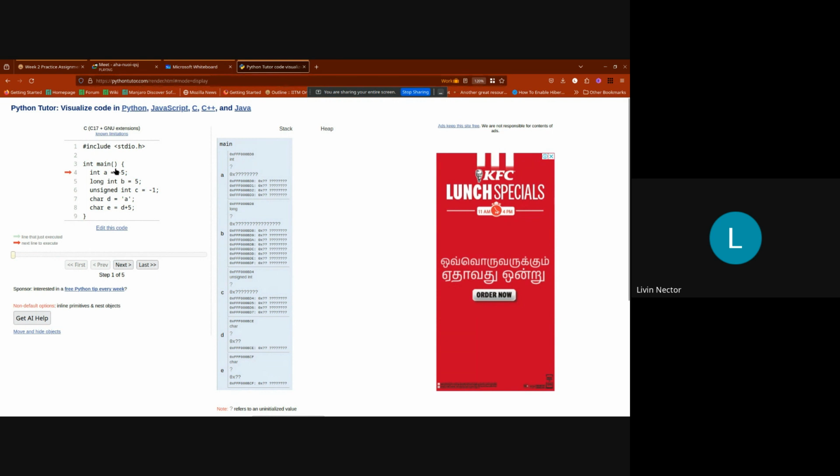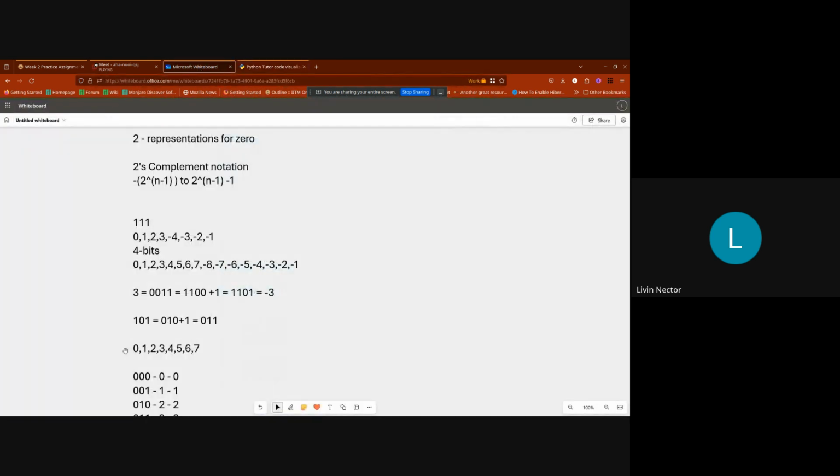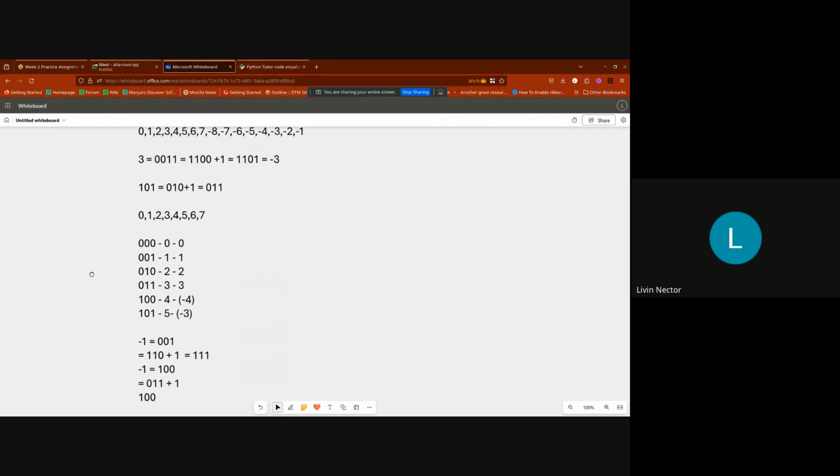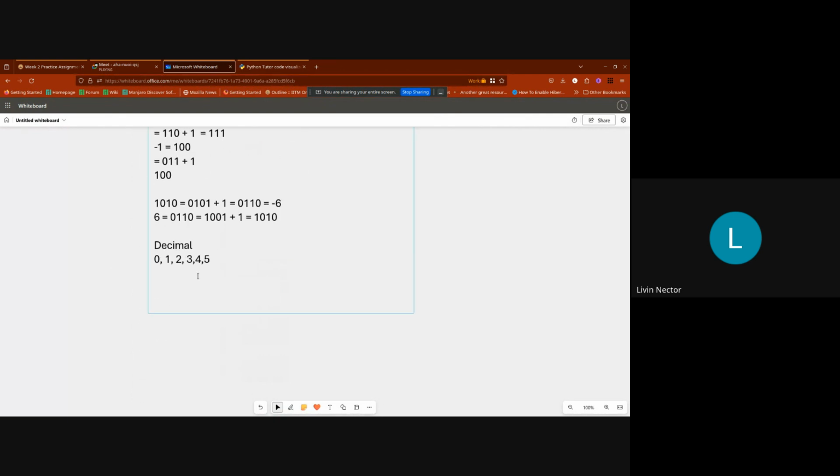So, are you aware of hexadecimal first? Hexadecimal notation. Why was it introduced? Representing very long numbers in binary is very difficult, and reading is also very difficult.